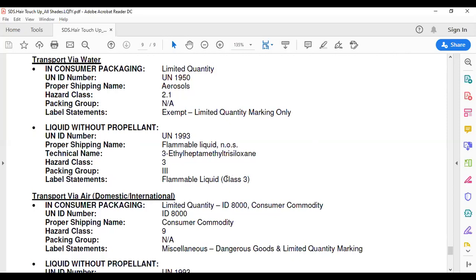So for this product, they chose UN number 1993. And the PSN is flammable liquids, not otherwise specified. And remember what 274 said. 274 said, for the purpose of documentation and package marking, the PSN shall be supplemented with the technical name of the substance.